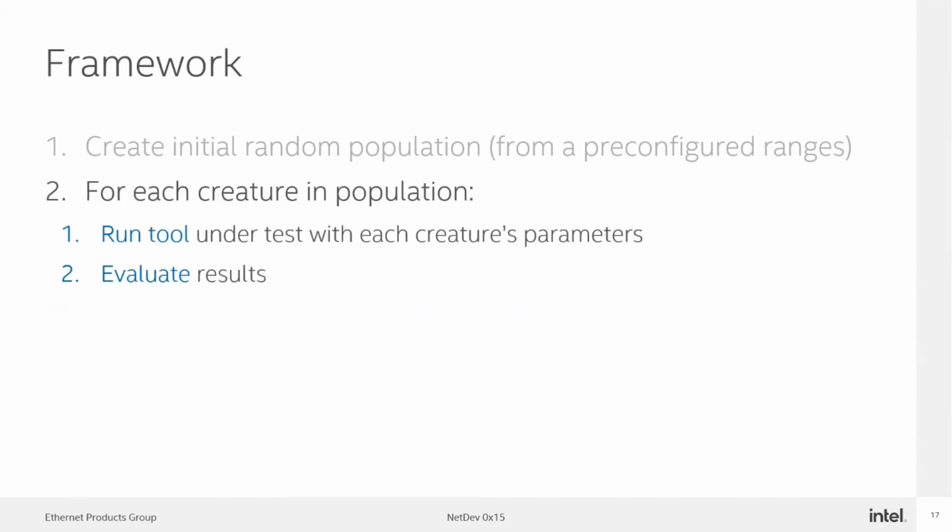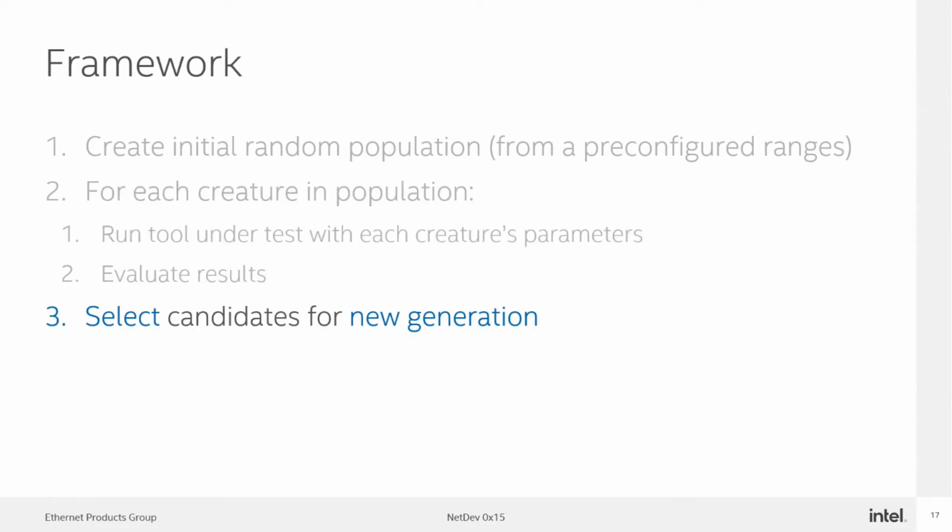So the creature evaluation process starts with a PI controller parameters change to the values that describe a given creature. And in the next step, the PHC2sys test is executed on the interface. And in the following slides, Maciej will share more details of these steps. As a result of this operation, the creature fitness value is calculated.